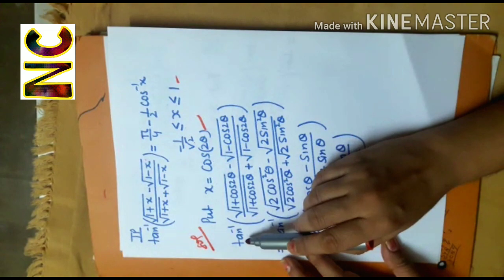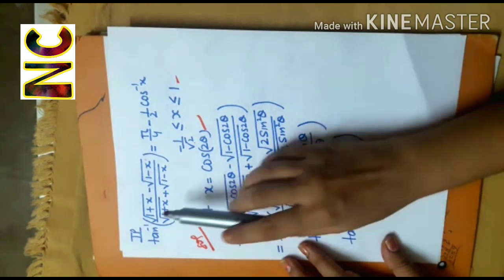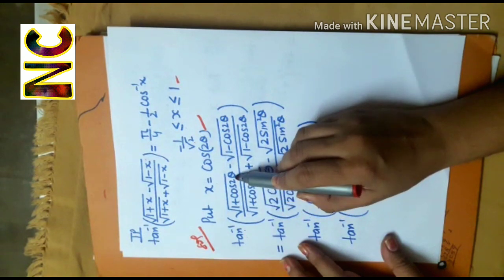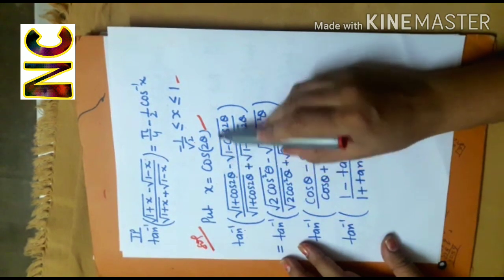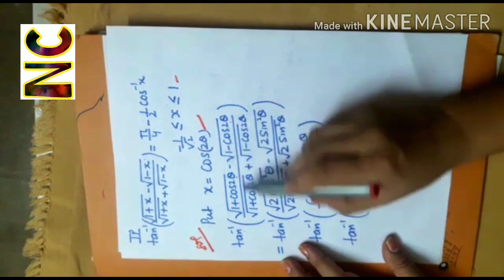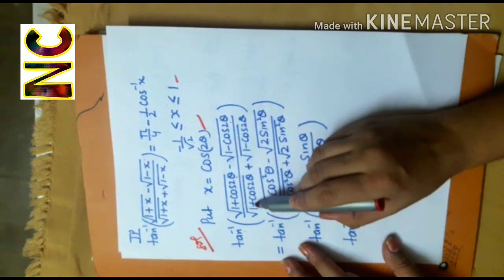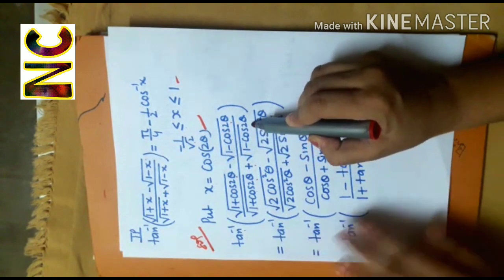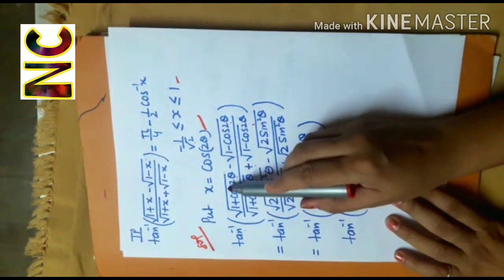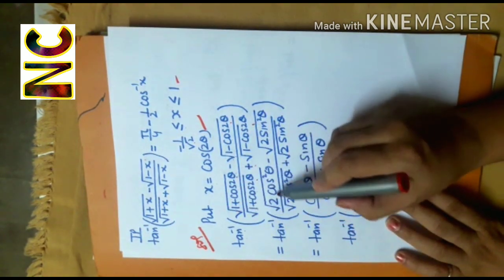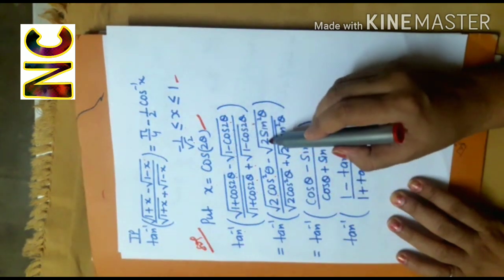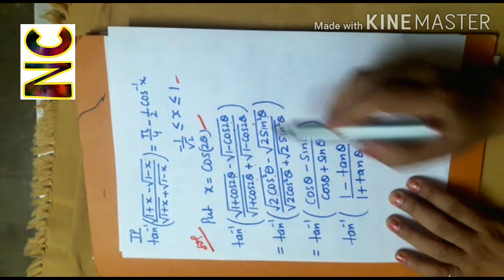So tan inverse, 1 plus x will be square root of 1 plus cos 2 theta minus square root of 1 minus cos 2 theta over square root of 1 plus cos 2 theta plus square root of 1 minus cos 2 theta. We know that 1 plus cos 2 theta is 2 cos square theta and 1 minus cos 2 theta is 2 sin square theta.